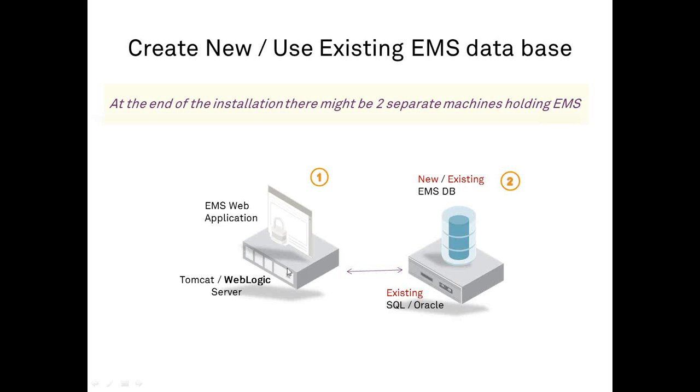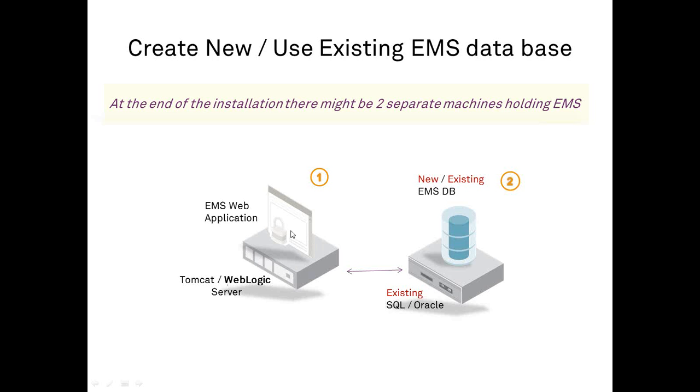Then on top of the web server, we have the EMS web application. So this goes on one machine. Always the web application, the EMS, should be on the very same machine where the Tomcat or the WebLogic server exists. So they are together always.